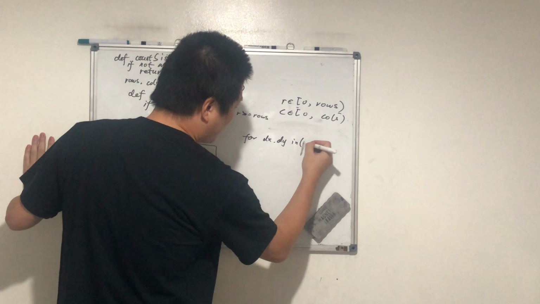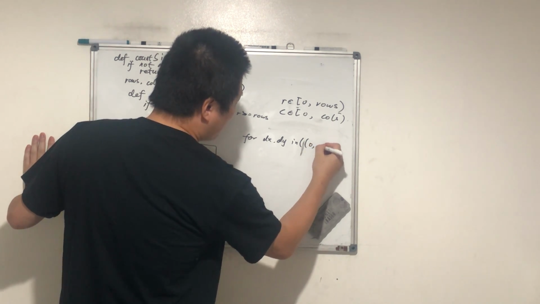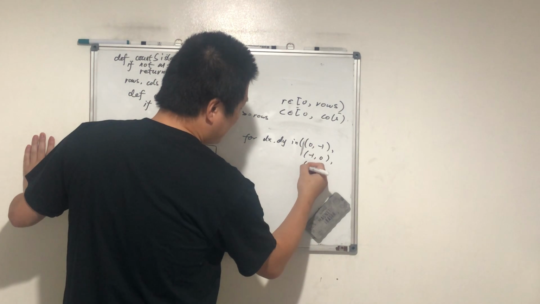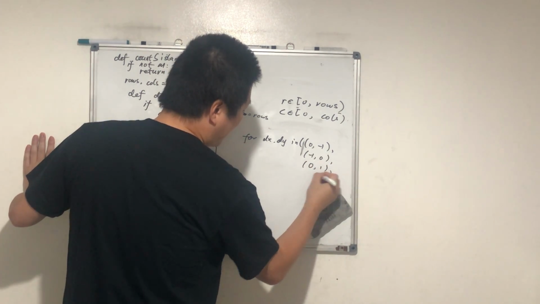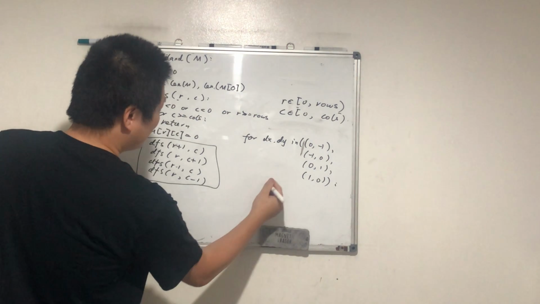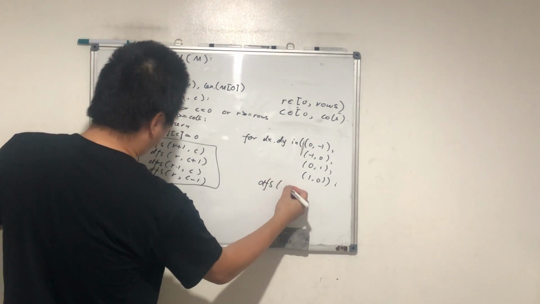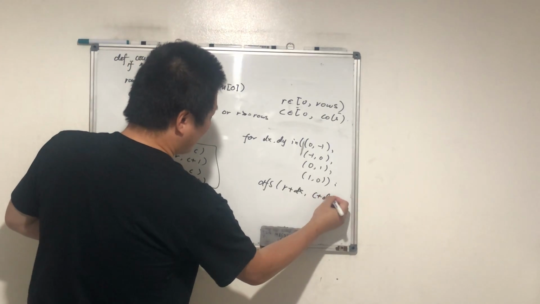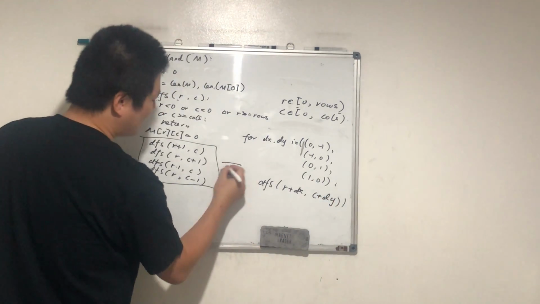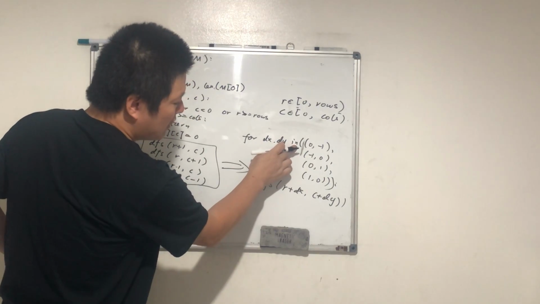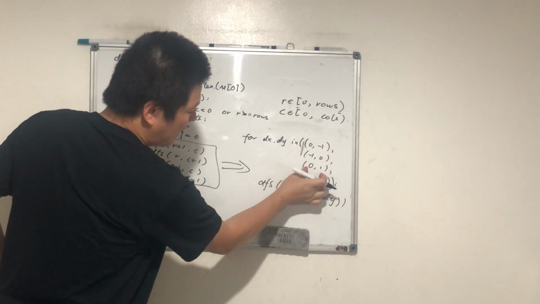Define the tuples: 0, minus 1; minus 1, 0; 0, 1; and then 1, 0, in 4 directions. And then do what? DFS R plus dx, and then C plus dy. You see? So you can transfer this to this, because this is a tuple with 4 vectors.